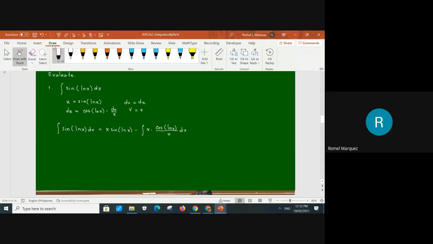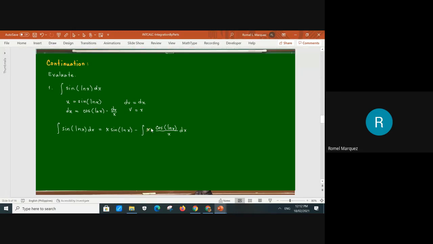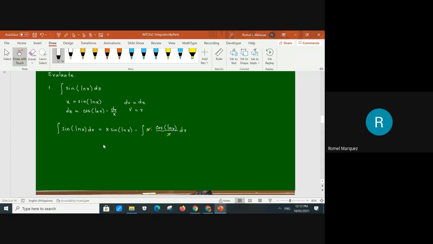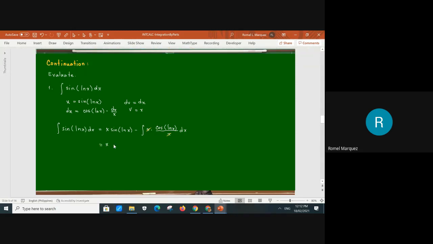So from here, x is canceled out, giving x sine of ln x minus integral of cosine of ln x dx.